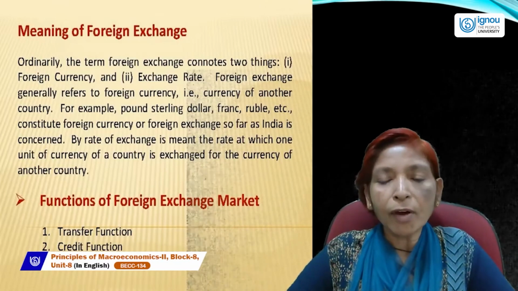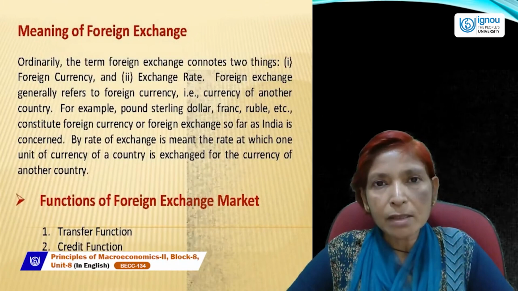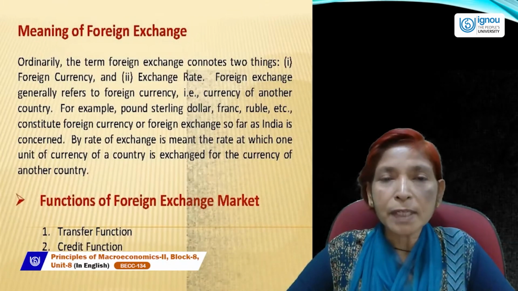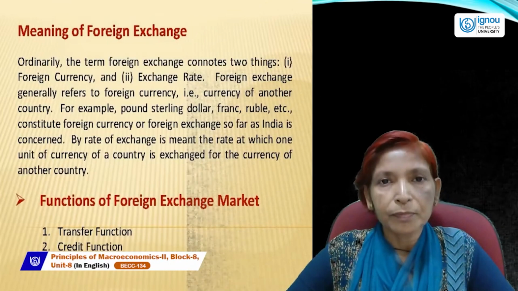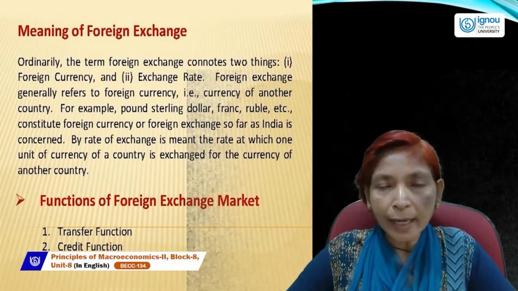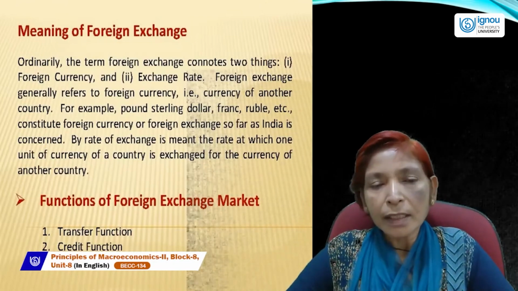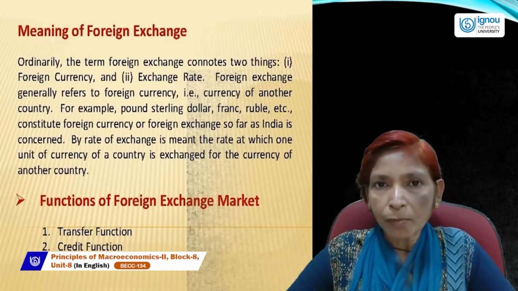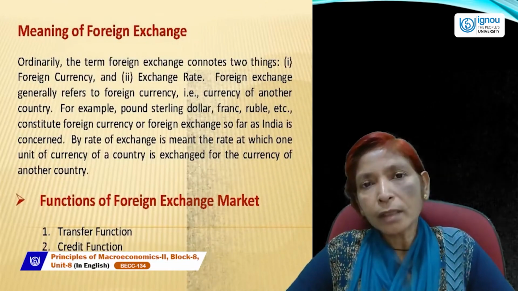It means foreign exchange market also facilitates credit, or gives credit facility to the borrowers. And the lenders who want to lend their foreign currency, foreign exchange market takes their money from those lenders and gives loans to the borrowers.